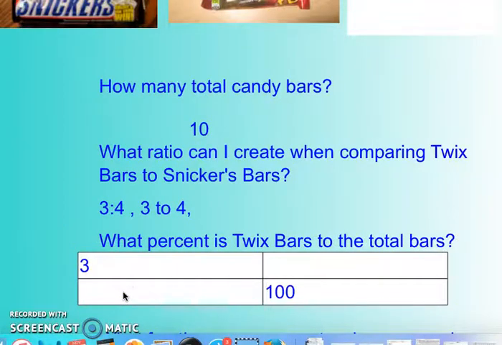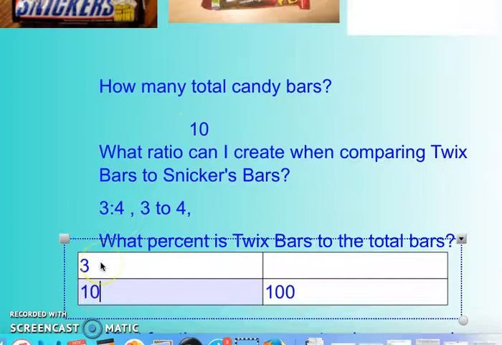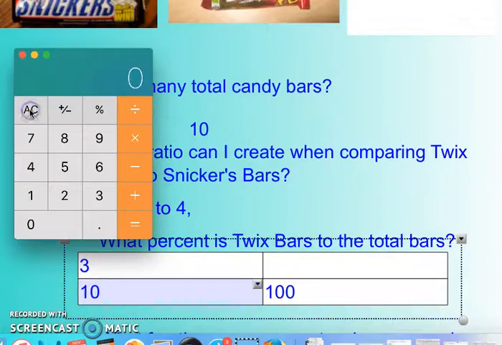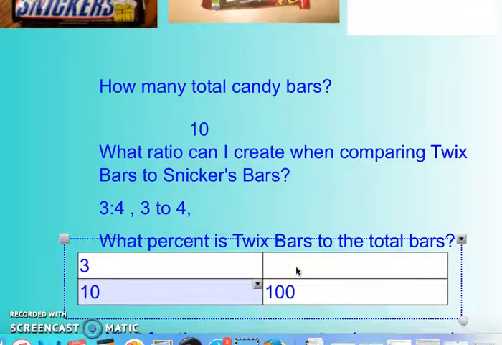We found that number up above. It's 10, so we write that as our whole amount. We need to figure out what percent this is. So remember our steps: 3 divided by 10 equals, and then we multiply by 100. Awesome. Our percent is 30%.